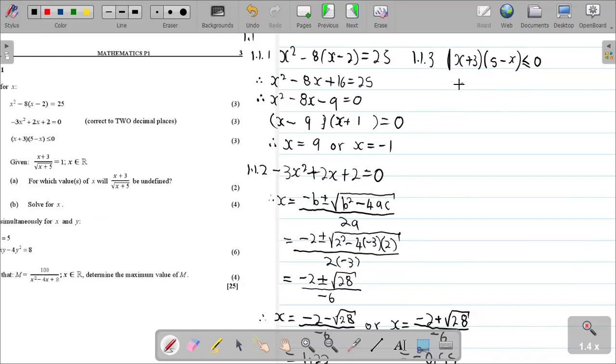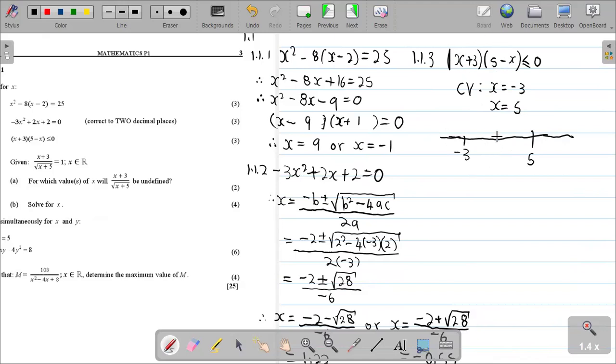The critical values here. Okay, what are the critical values? The critical values are x equals -3 or x equals 5. These are the critical values, so we must use the number line here, and then we examine the critical values. Okay, so we have a -3 here, and we have a +5. So we should test the inequality.